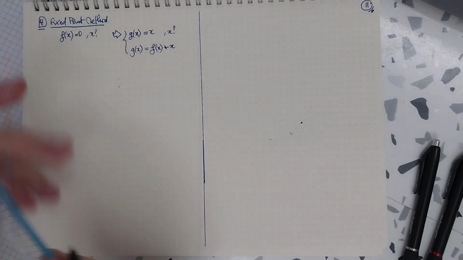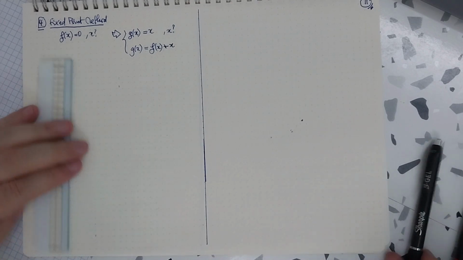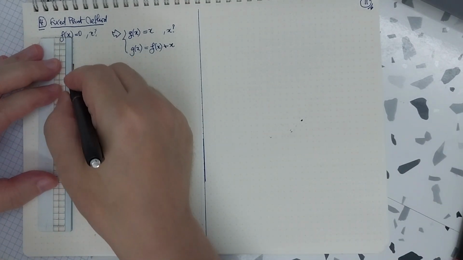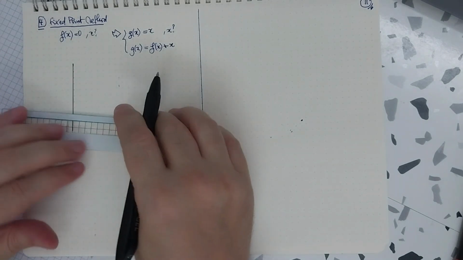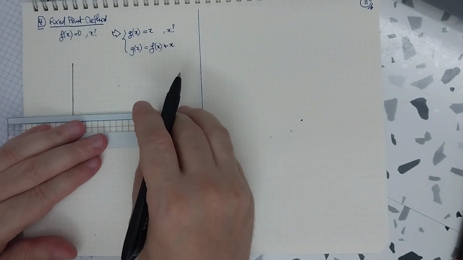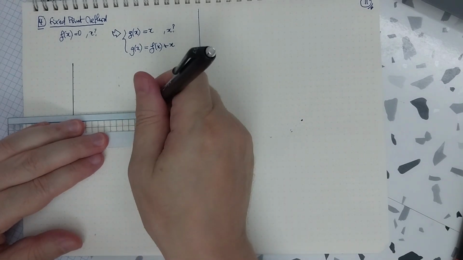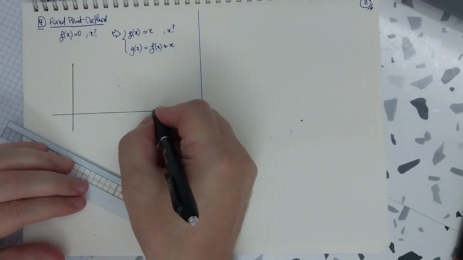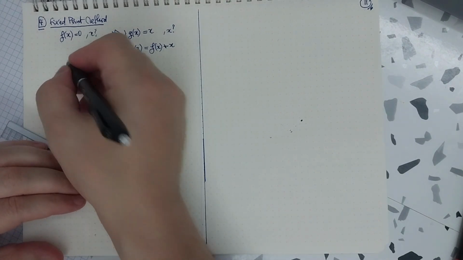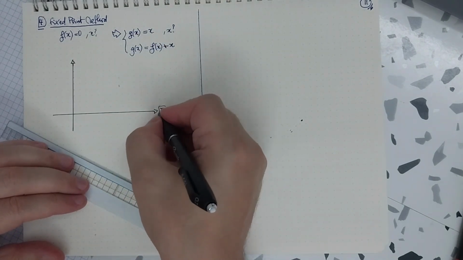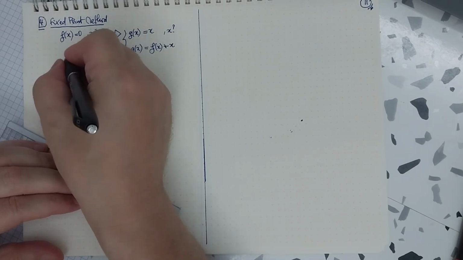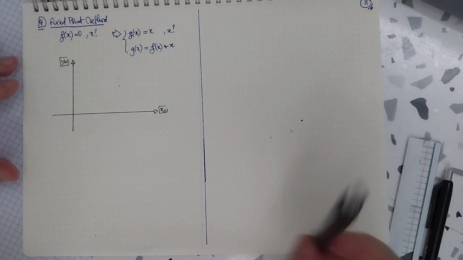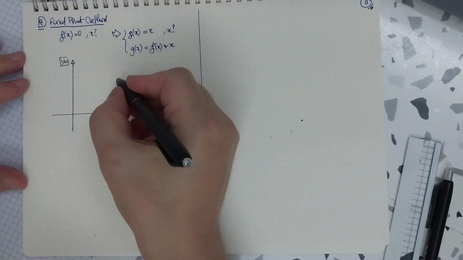Graphically, what does that mean? It means the following. Let's see the method graphically, how it works. This is the x-axis, and this is the y-axis. And let's draw our curve like that.